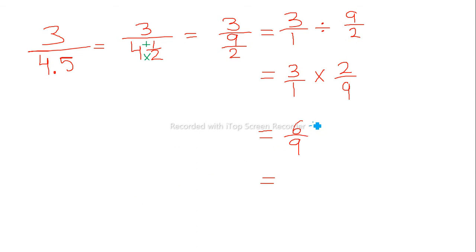Divided by 3. What is 6 divided by 3? 2. And what is 9 divided by 3? 3. Very good. Okay, so that's the answer, 2/3.